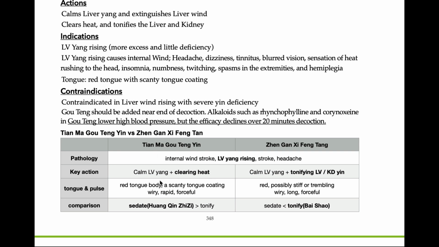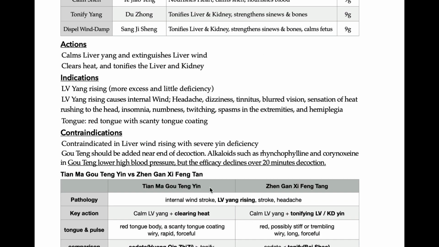If the question asks you with a rapid pulse and extreme heat signs, pick Tianma Gouteng Yin, and in deficiency signs, Zhengan Xifeng Tang. But both of them actually treat liver yang rising, and liver yang rising is based on yin deficiency pathology. Very similar formulas. This is only for the examination. What I tell you today is only for examination. Many of them do not consist with actual practice.